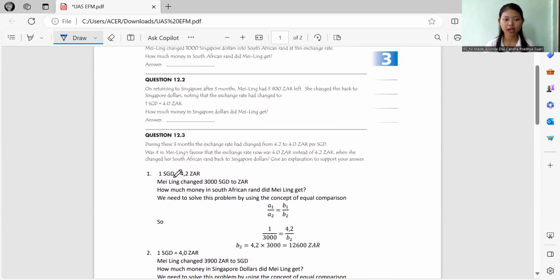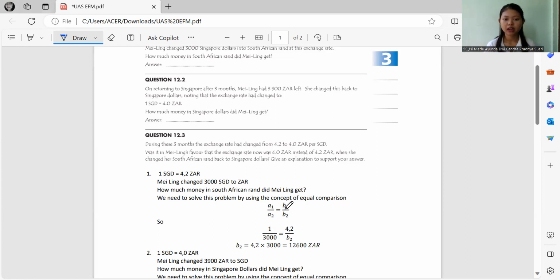Okay, for question number one, we know that 1 SGD is 4.2 ZAR, and Mei wants to change 3,000 SGD to ZAR. The problem is, how much money in South African rand did Mei get? I will solve this problem using the concept of equal comparison.